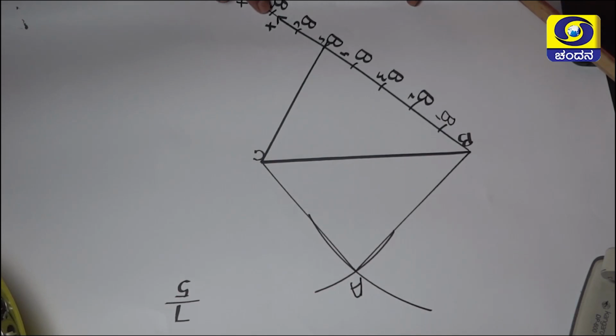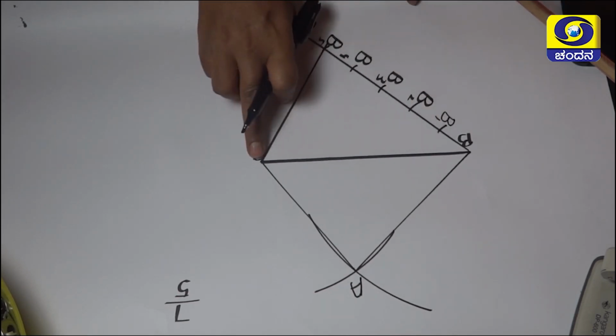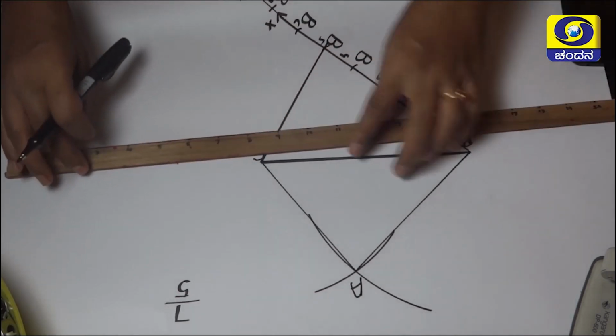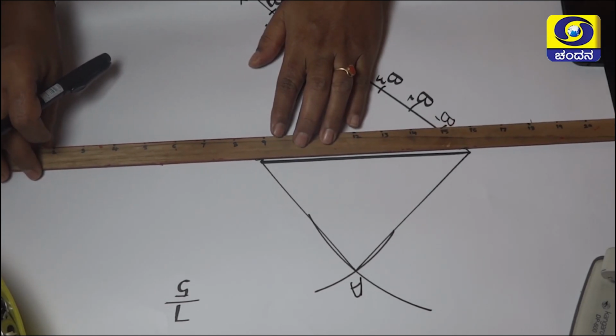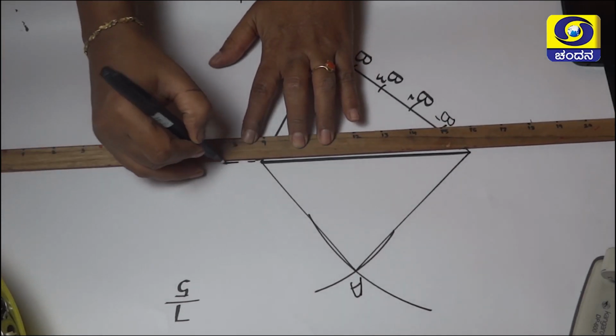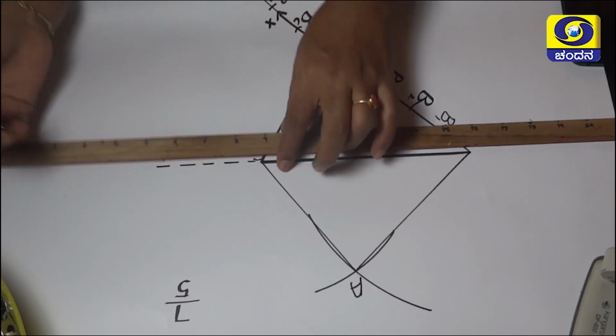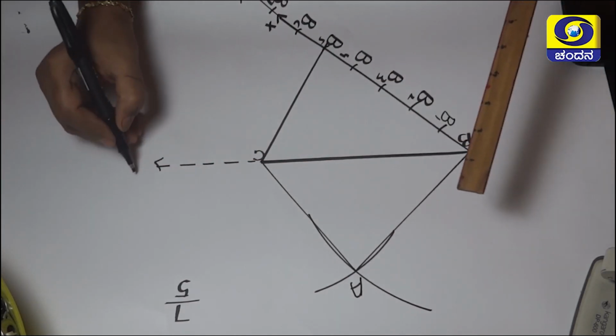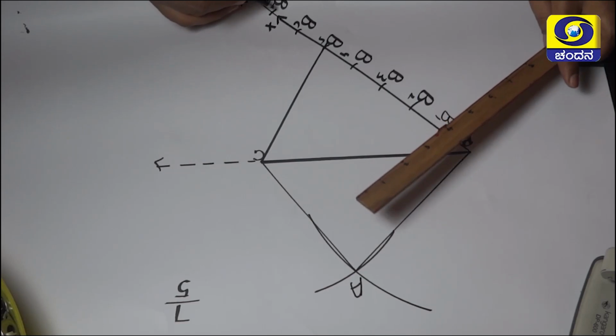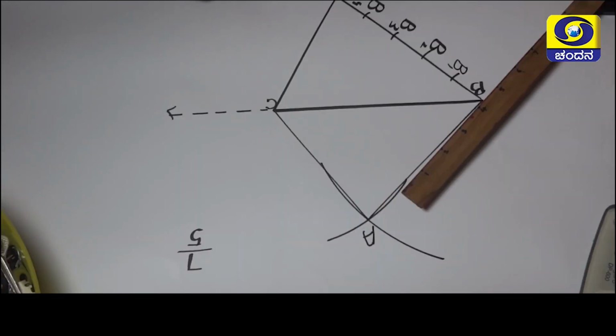Now to join the 7th point to the line segment BC, we have to extend this line segment BC a little more. Now to start a line from point B7, we have to copy the angle formed at point B5.